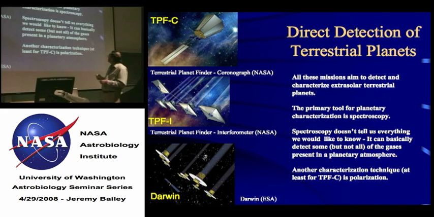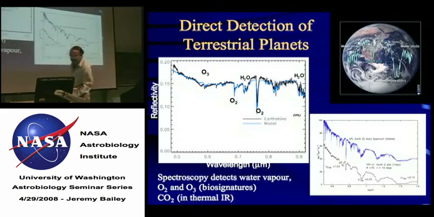What I want to point out here is that spectroscopy doesn't tell us everything we would like to know about these planets. What it basically does is allow us to detect some, but not all, of the gases that are present in a planetary atmosphere. And I want to explain here what we can do by including polarization in such a mission, and that can give us additional information.